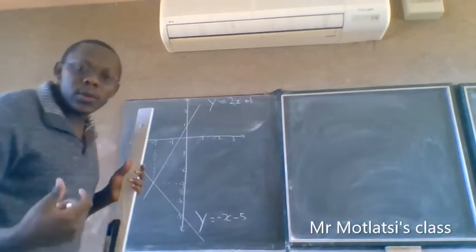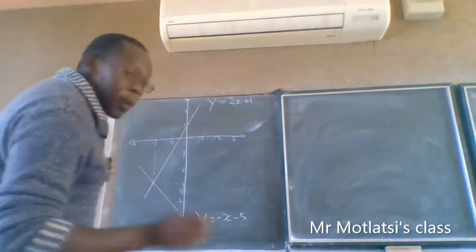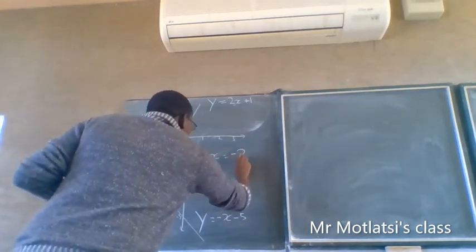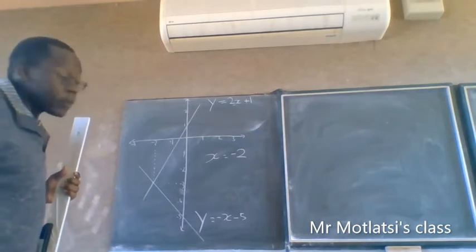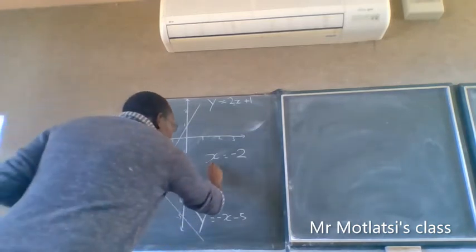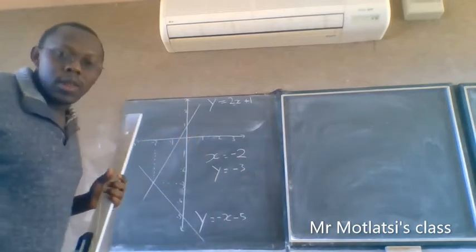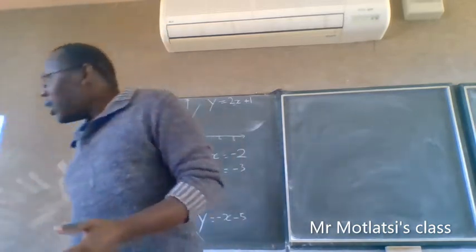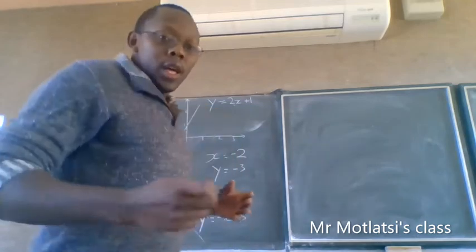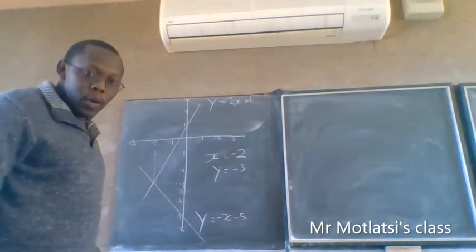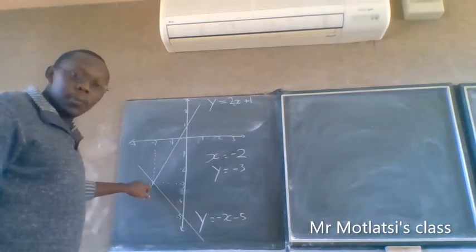So the solution to this problem is x equals minus 2, and y equals minus 3. If ever you're given a simultaneous equation that looks like this, the only thing you have to do is look at the intersection point.